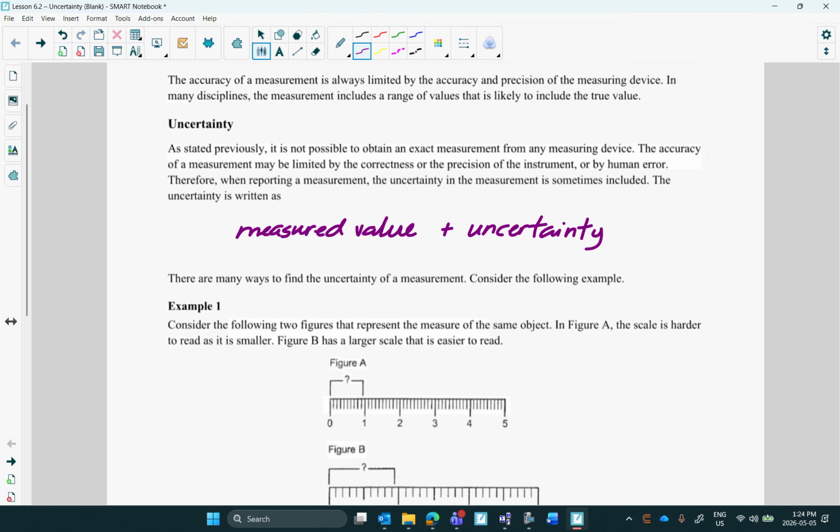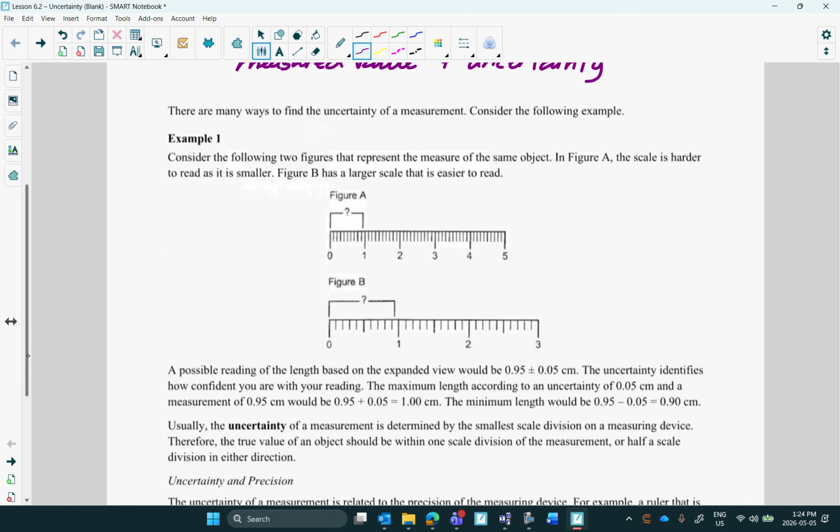Okay. So just as an example, if we consider these two figures, we're measuring the same object, except figure B is a little bit more blown up than figure A. It's more magnified. Do you remember when I say precise?